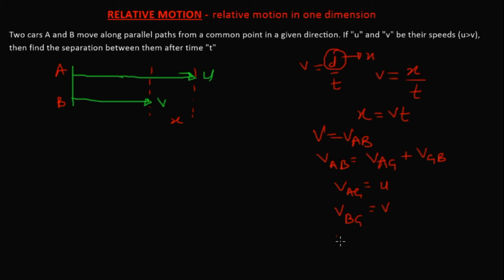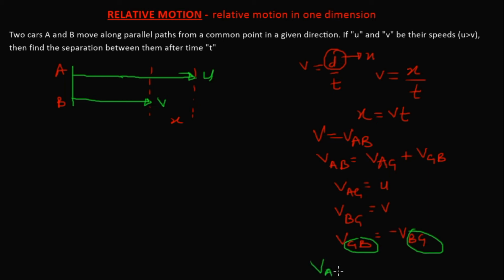But we were not given the velocity of the ground with respect to car B. But we know that it is the negative of the velocity of car B with respect to the ground. I told you, you always have to be mindful of the subscripts. So VGB is negative VBG.